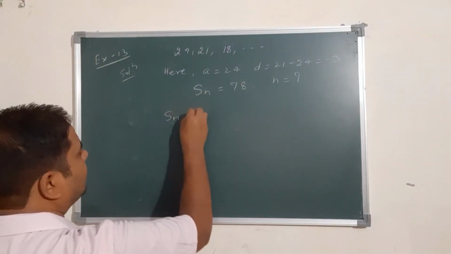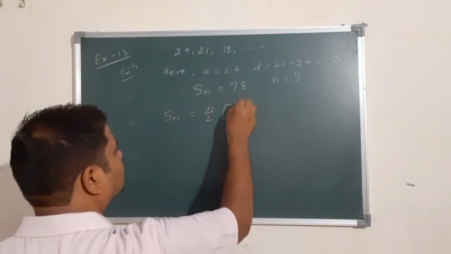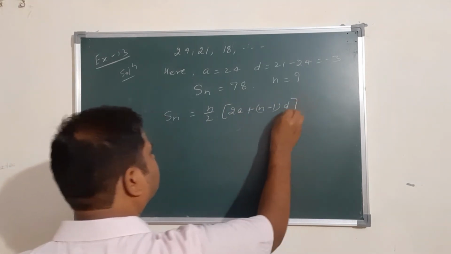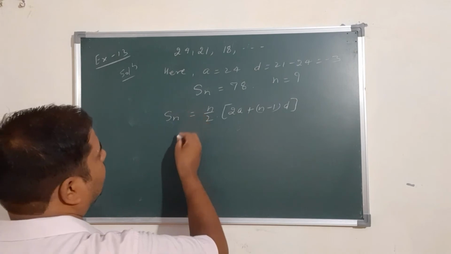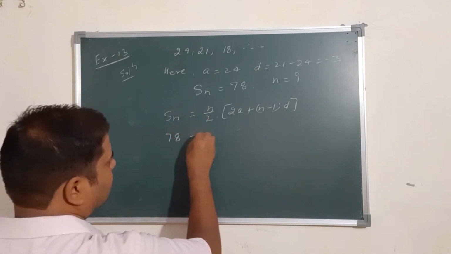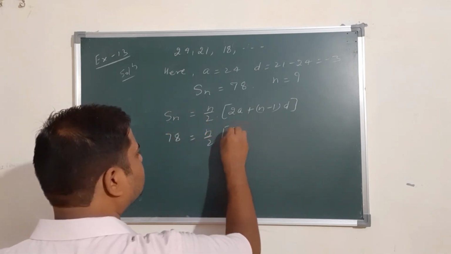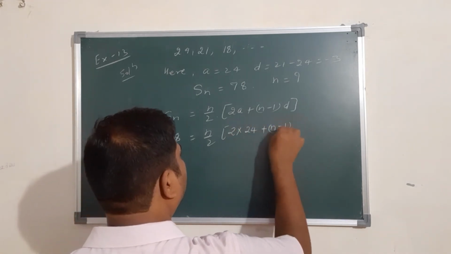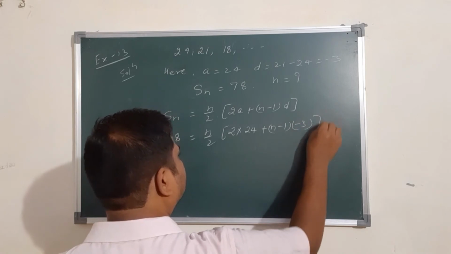Sn is n by 2, 2a plus n minus 1 into D. So Sn must be 78: n by 2, 2 into 24 plus n minus 1 into minus 3.